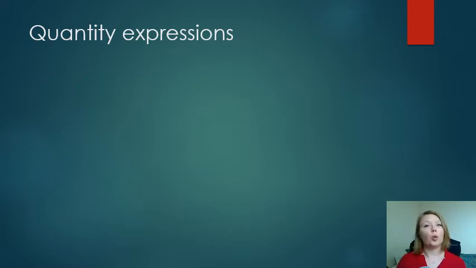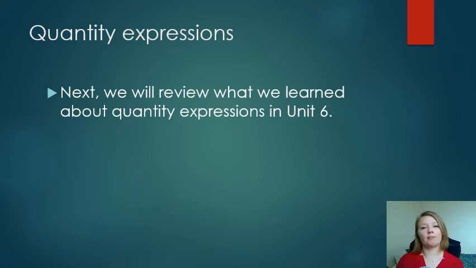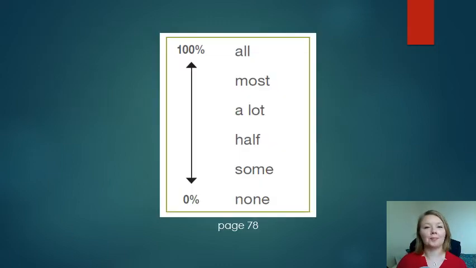Now let's review quantity expressions, which we talked about last week. So these are also expressions that we've learned in Unit 6. So let's go ahead and review what they are and how to use them. You just did a discussion post last week using some of these terms, so I think it will be very fresh in your mind.